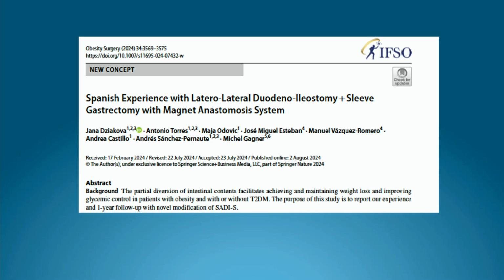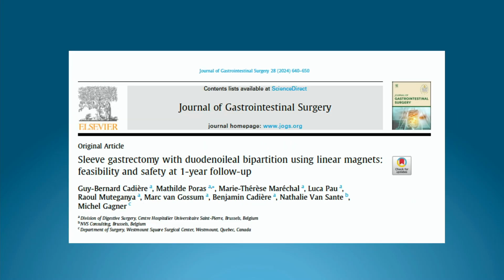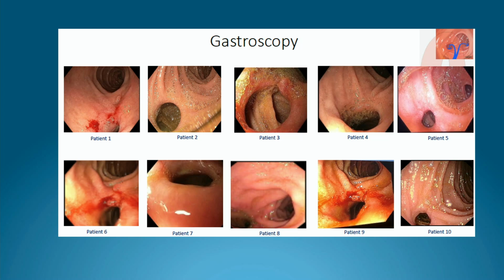There are more publications, like Dr. Torres' team, our team in Montreal, and the team of Belgium also published their own results. Now, the interesting thing about the Belgium studies is they've done a lot of endoscopy to follow up the anastomosis, because we had many questions. Did the anastomosis remain open at 1 year and 2 years?